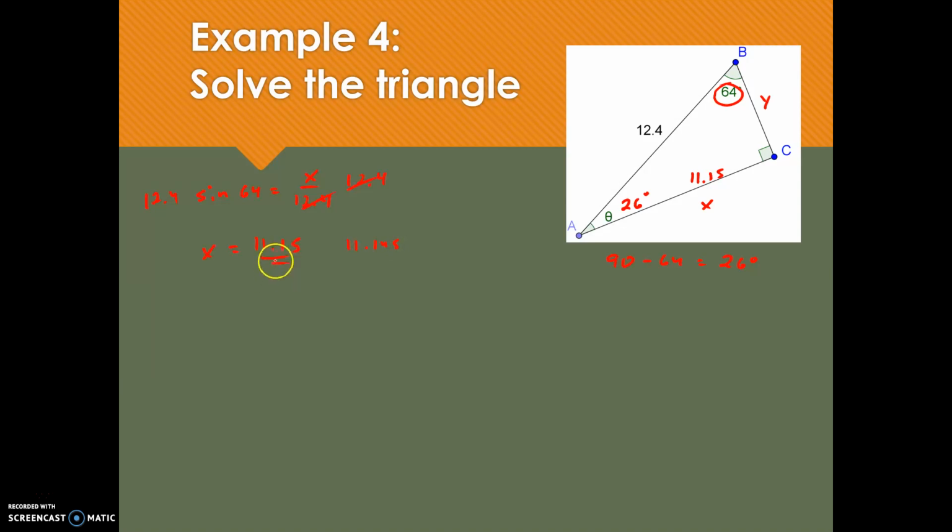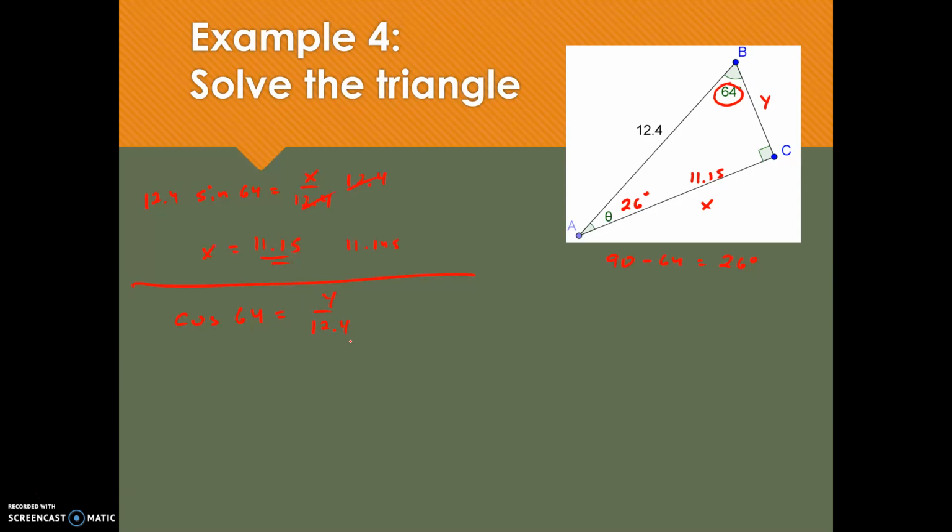So if we use the rounded value in the Pythagorean theorem, we're going to get round-off error, and it'll be a little bit different. I'm not sure if that matters to us or not at this point, but we could also use the cosine of 64 equals y over 12.4, and we have no rounding there.